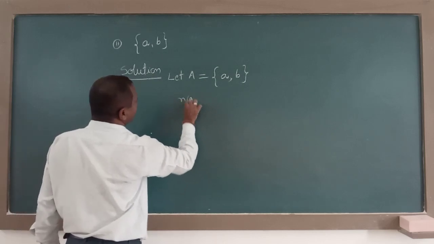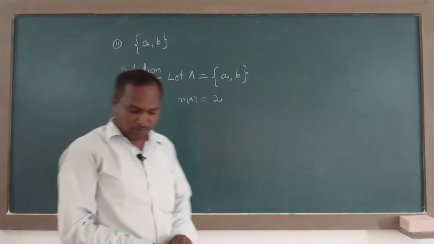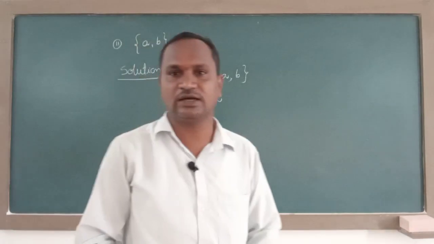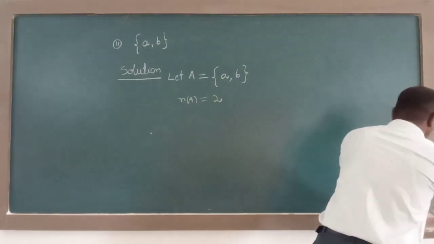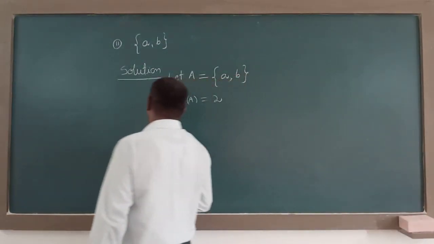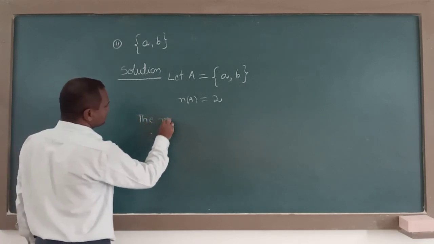N of A is equal to 2. Then you have to apply the number of subsets of the set formula. You have to apply it here. So let me show you now. The number of subsets.